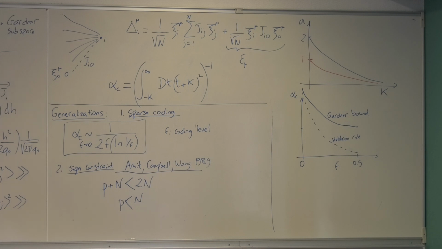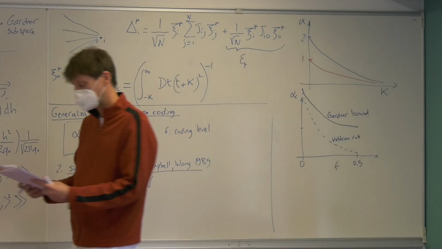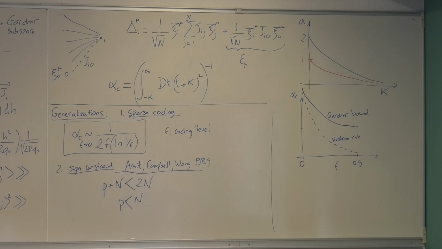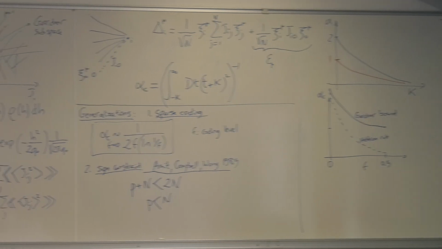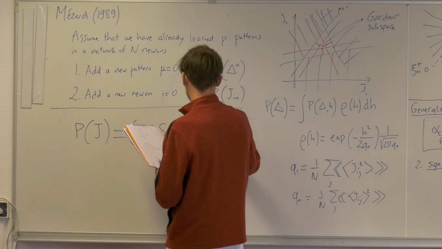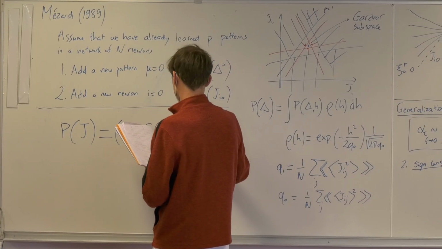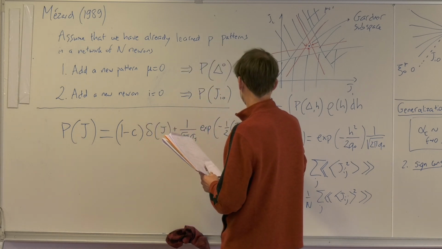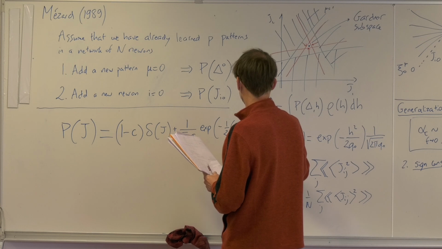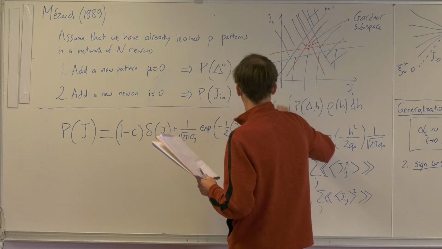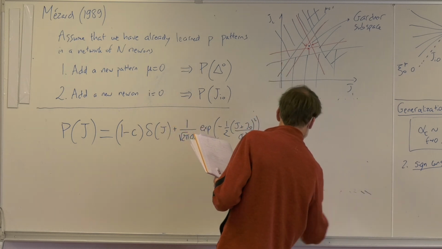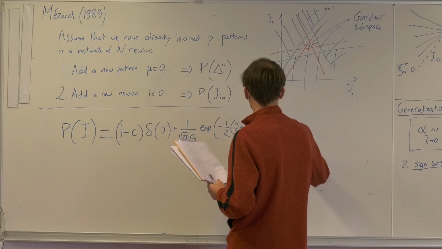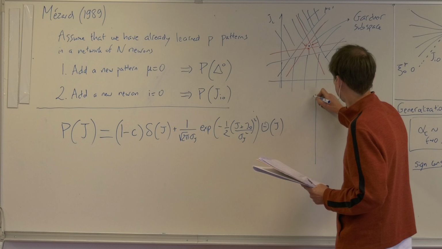So basically P of J now would be equal to, let's write it like this: 1 minus C delta of J, and then plus some truncated Gaussian, theta of J. So basically, something like this.